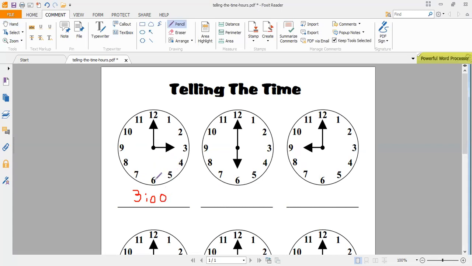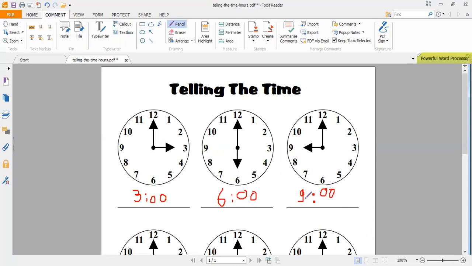3 o'clock. And here it will be 6 o'clock, because the hour hand refers to 6 and the minute hand refers to 12, so it will be 6 o'clock. And here the hour hand pointed to 9, two dots, and the minute hand points to 12, which means I'm going to write two zeros.